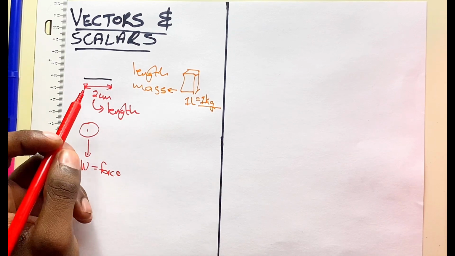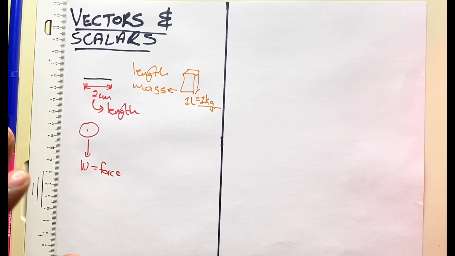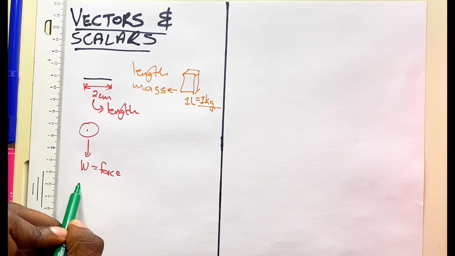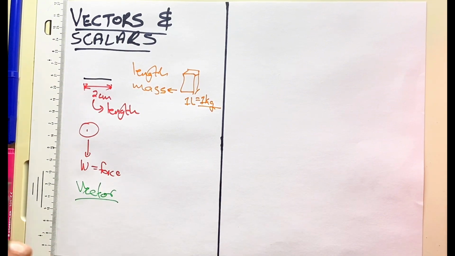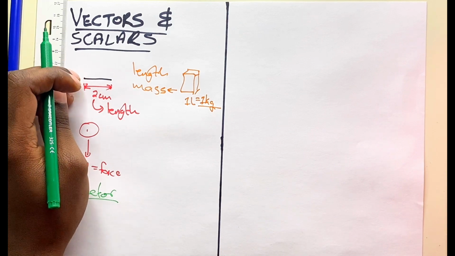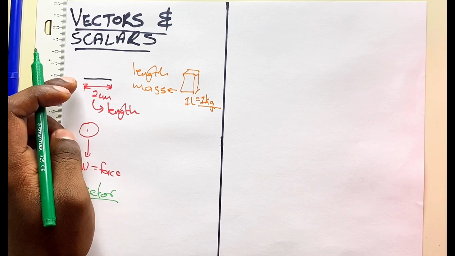That is called its weight. But once you talk about it pulling in a certain direction, then you are talking about a vector quantity.